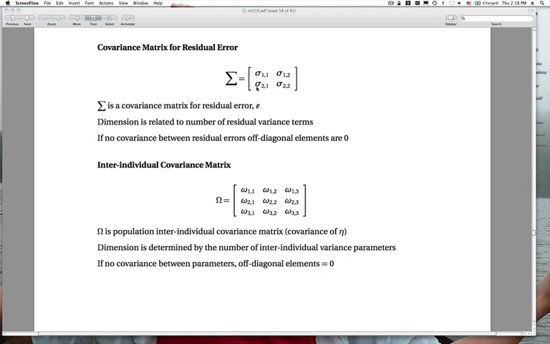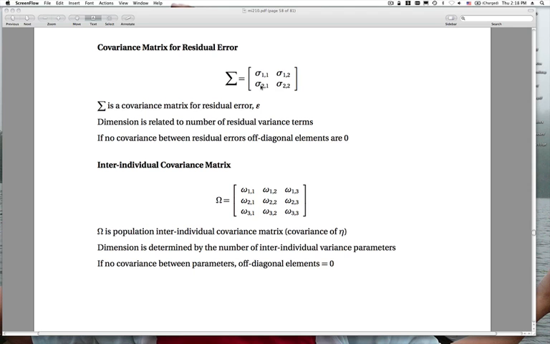And we can model that correlation through this covariance term, sigma 2,1. The upper triangle here, sigma 1,2, that's the same value as sigma 2,1, and you'll see the notation that we commonly use is just a lower triangle, the lower left half here. We ignore the upper triangle because it's the same value as the lower.